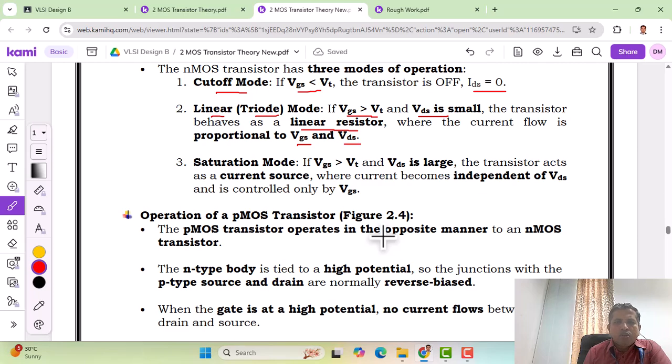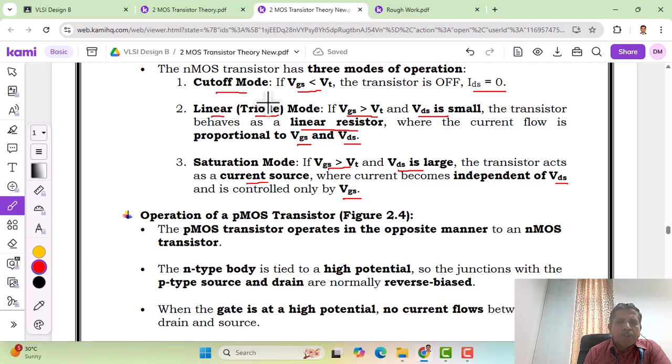In saturation mode, the gate to source voltage is greater than the threshold voltage, and the drain to source voltage applied is very large. When VDS is very large, the drain to source current becomes independent of VDS. The transistor acts like a current source in this mode, controlled only by VGS.